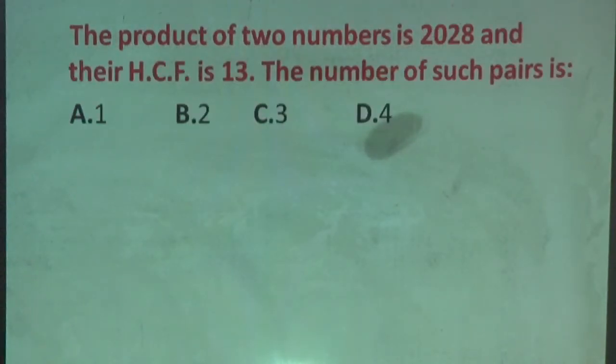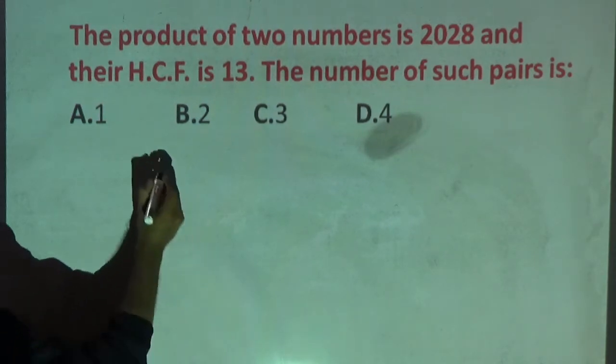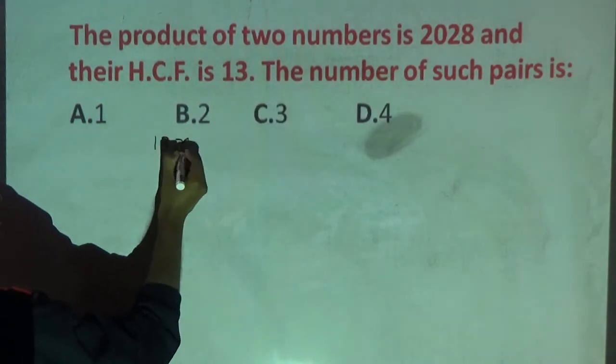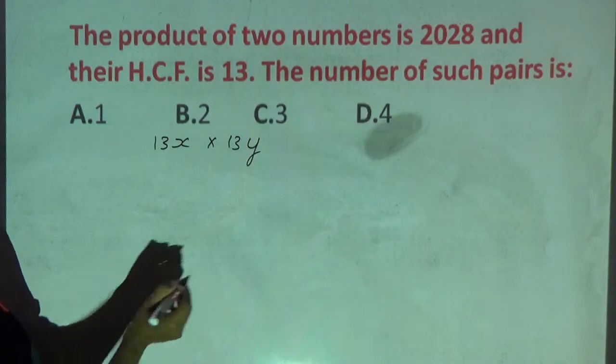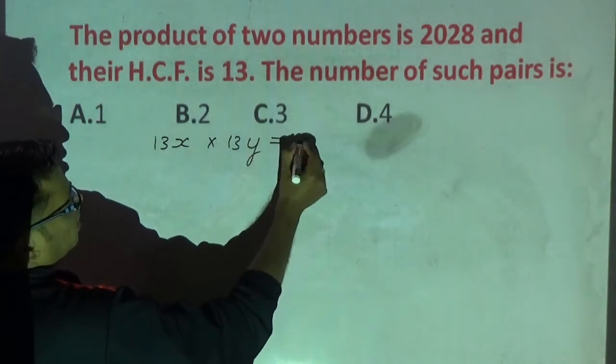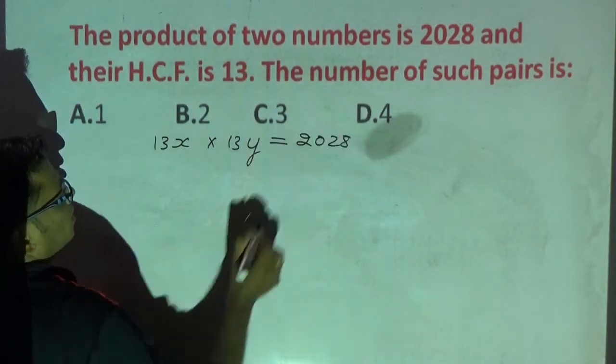Now next question. The product of two numbers is 2028, and their HCF is 13. If they give the HCF, I am going to take the two numbers as 13x and 13y. The product of these two numbers they have given is 2028. Okay.